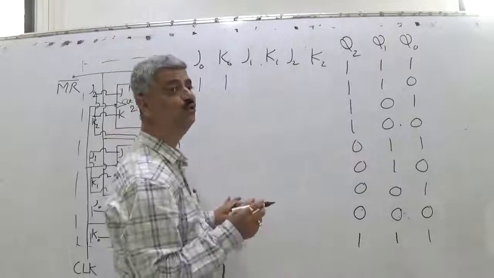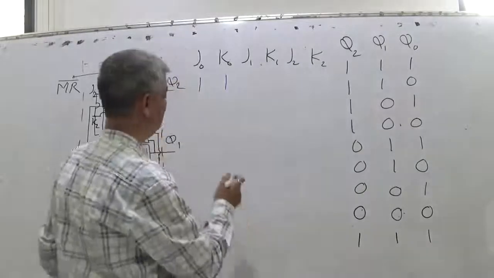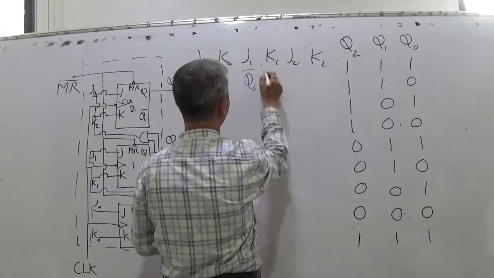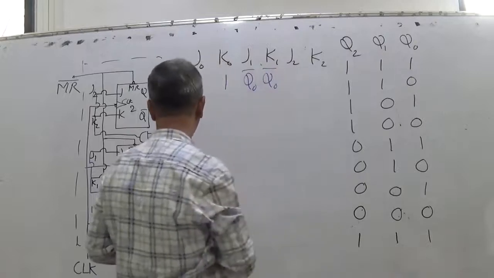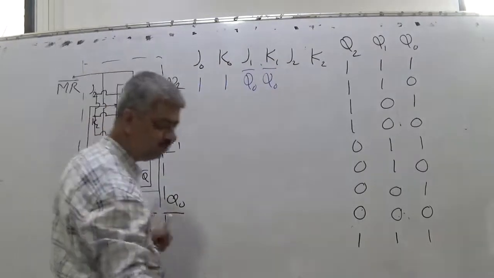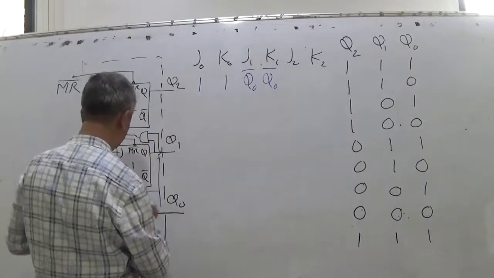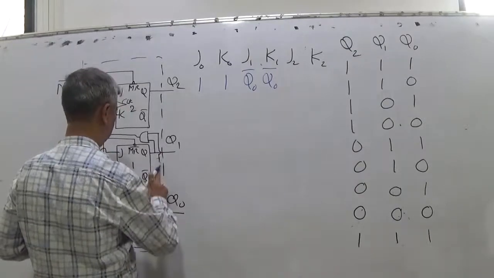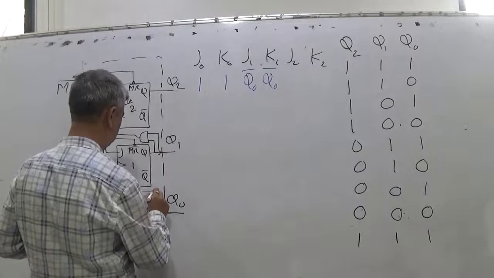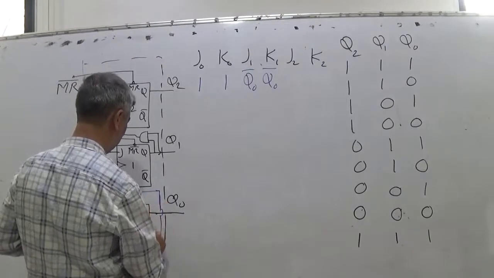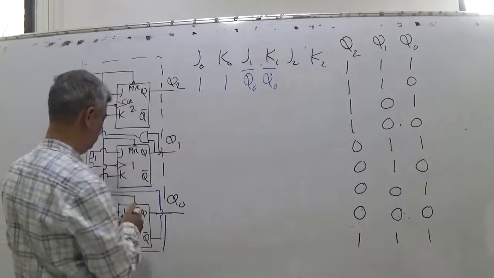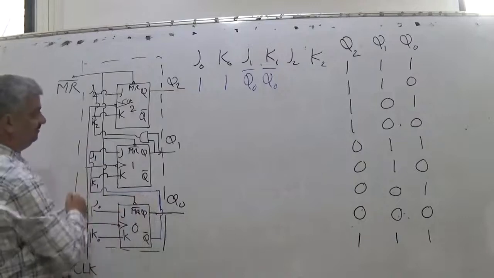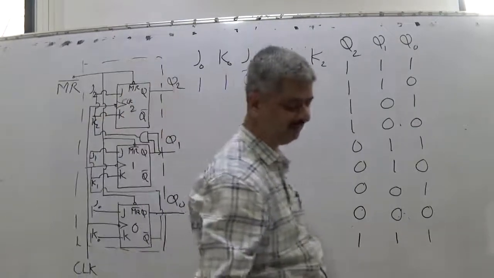So you will connect Q0 bar to J1 and K1. There is no need for any NOT gate because the Q bar output is already available with you. Q0 bar is connected to J1 and K1.